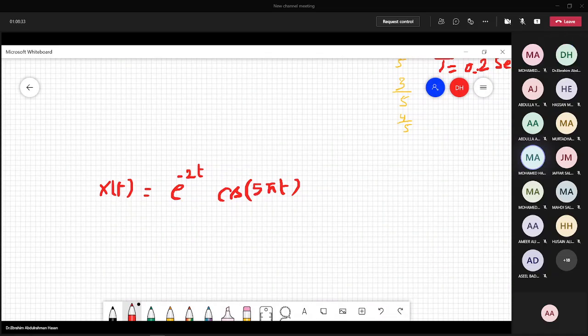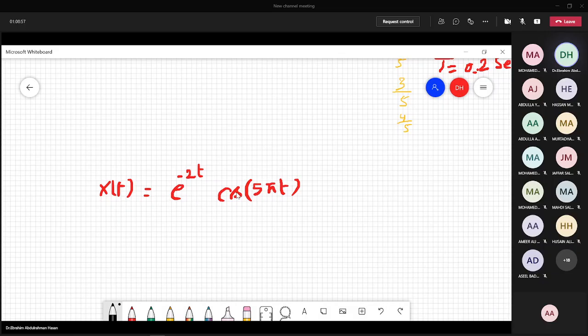No, because the exponential is not periodic. Even though we have here a cosine function, it is multiplied by another function. So this is not periodic, and non-periodic multiplied by periodic, we will get non-periodic.